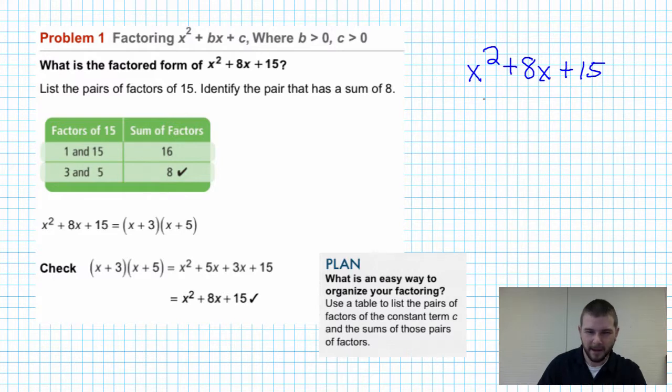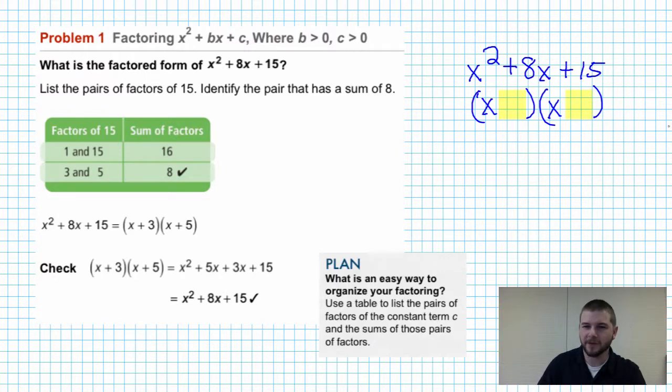And then I begin by creating the framework. For the two binomials, I insert an x and an x for our first terms, because I recognize that x times x will yield x squared, and that's really what we're looking for. Then I begin to think about two constants that will go in this place and this place.